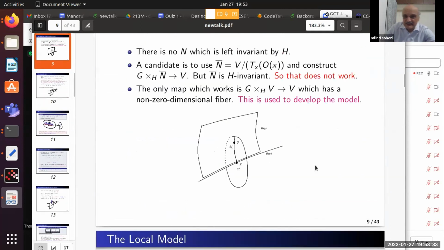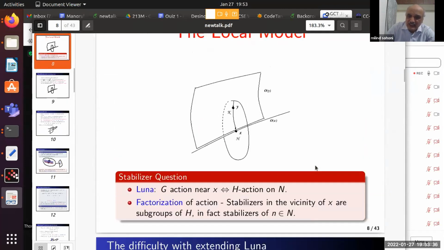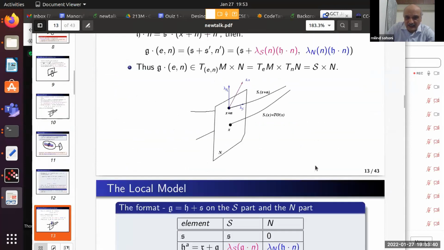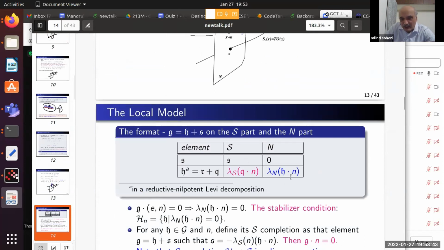Yes. So in fact, that's what I said: the Luna actually gives you a block diagonal construction. What Luna does is break up the Lie algebra into H and a complement S. The S part operates horizontally along the orbit, and the H part operates vertically along N. The two stay separate, at least on the normal slice.